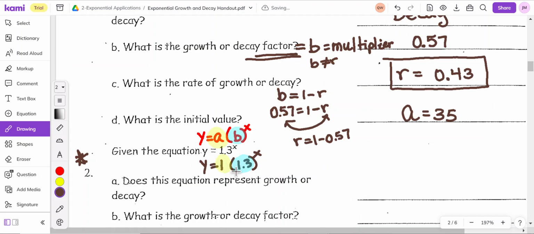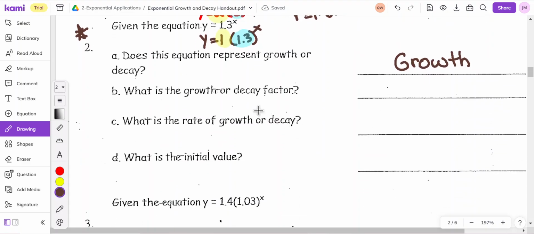All right, so now doing your comparison, A is greater than 0 and B is 1.3. Is this growth or decay? It is greater than 1, so growth. All right, what is the growth factor? Wouldn't it be 1.3? It is 1.3. And now what is the rate of growth?